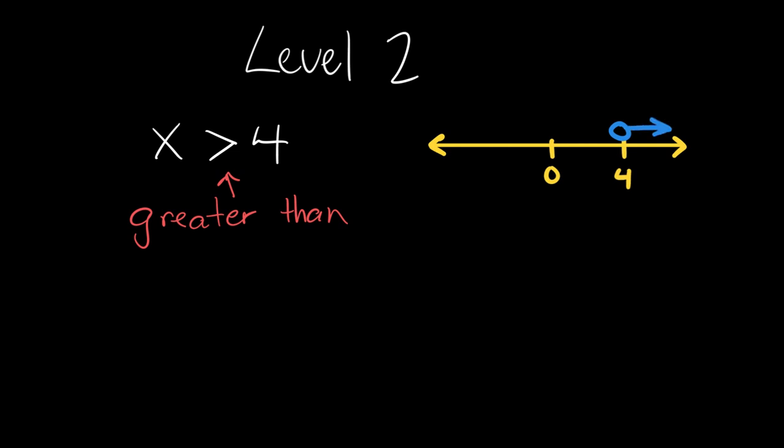That is called the graph for x is greater than 4. Notice this dot is empty, and we're not coloring it in, because we're starting at 4 but not including 4.